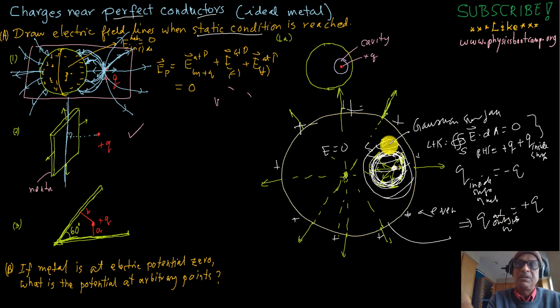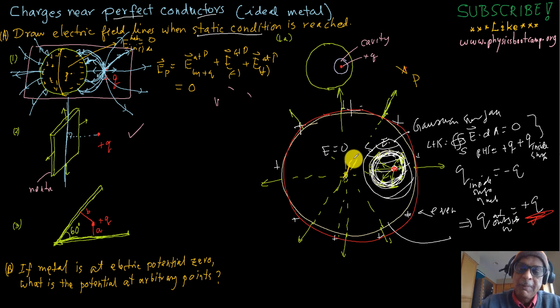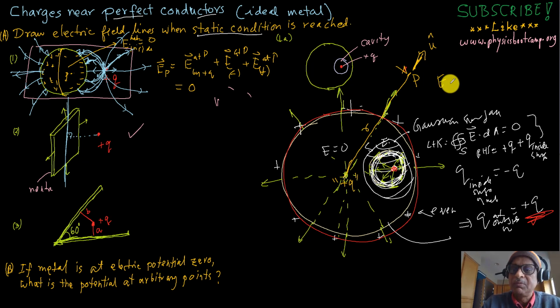So if you put a cavity in here, then actually you can say that this whole thing is simply a problem of a spherical surface with a total charge plus q. So if I had a point over here, point P, and from the center the distance was r, then the electric field over here will be in that direction, as if you have a plus q charge sitting there, and E at P will simply be kq over r squared in the r hat direction.